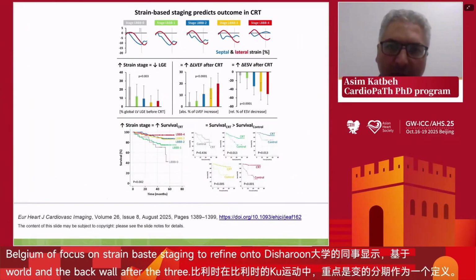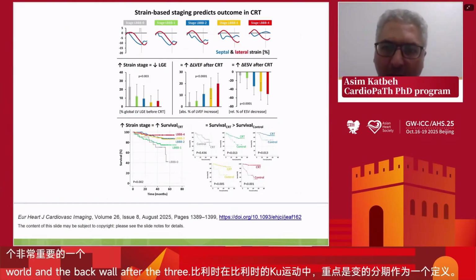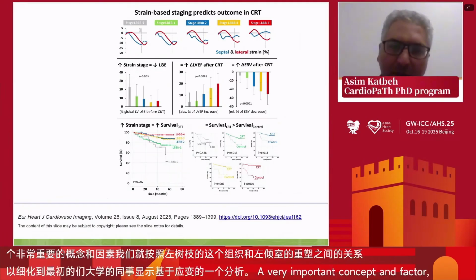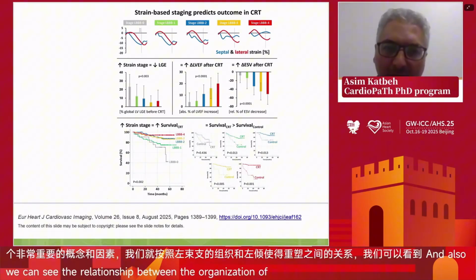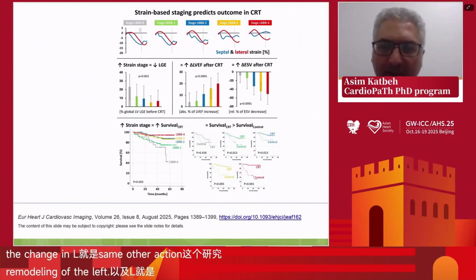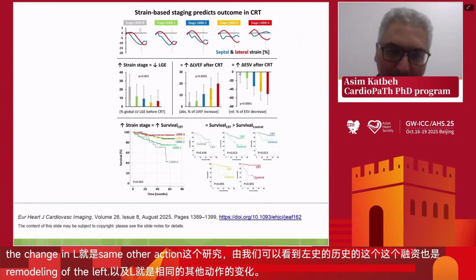This study showed that the stages of left bundle branch block LV remodeling based on the strain curve showed more correlation with late gadolinium enhancement studied by CMR. Also, the change in LV ejection fraction and end-systolic volume showed improvement after CRT device implantation in stage 4 compared to other stages.